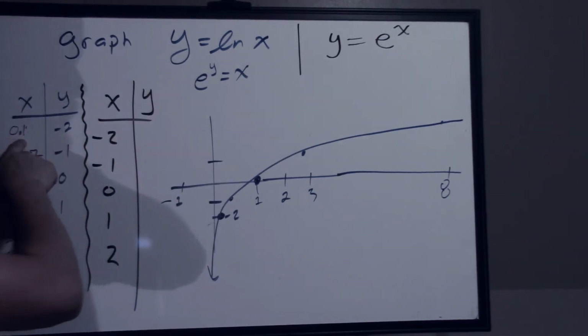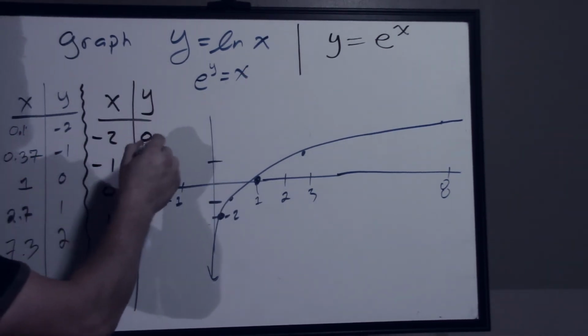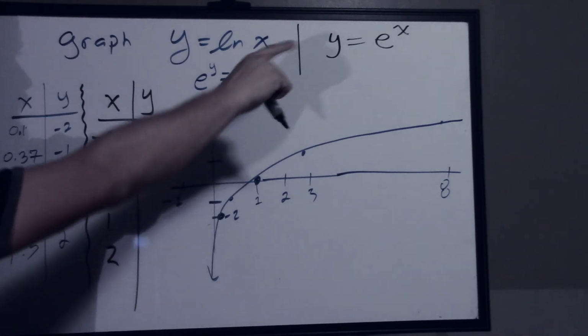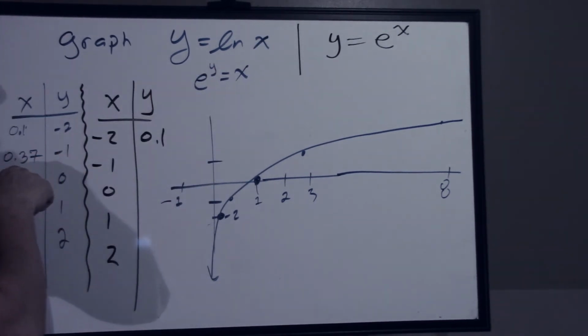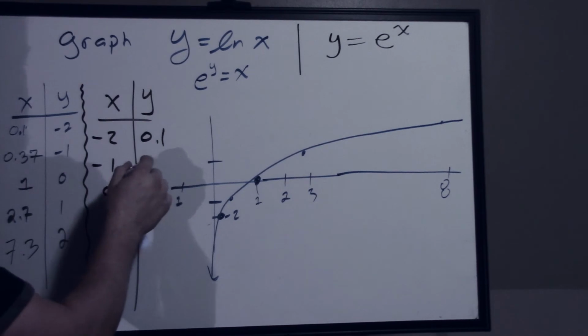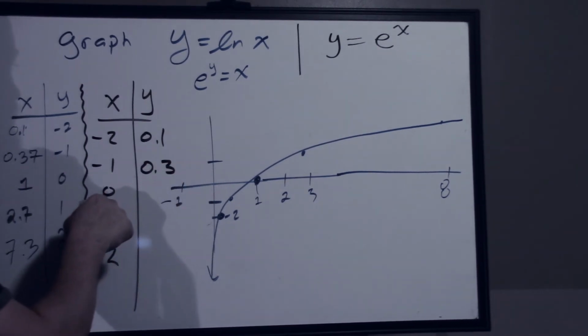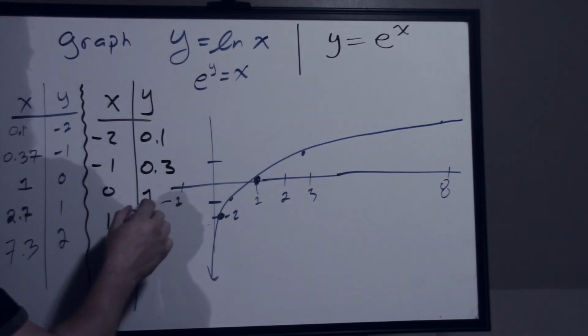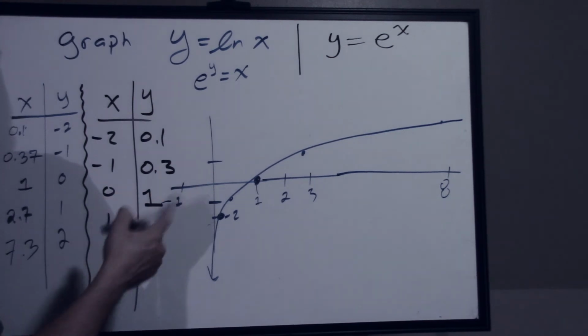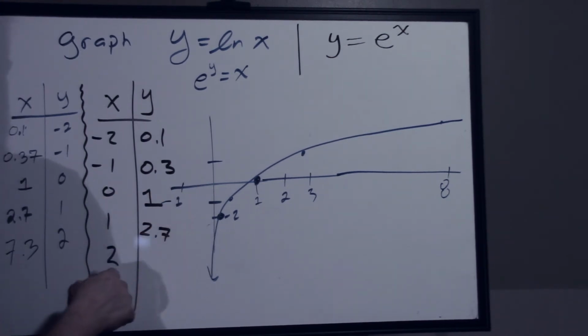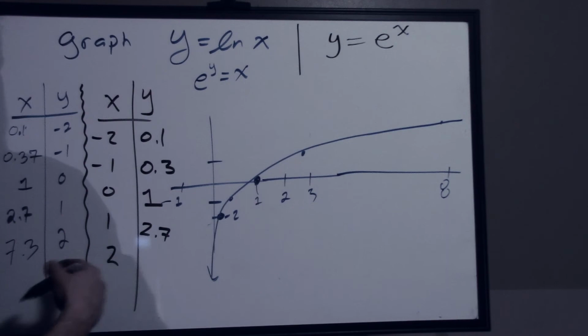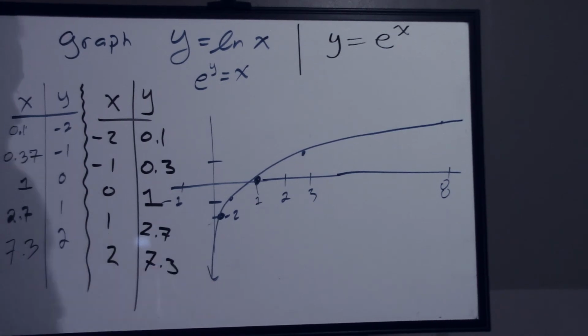That's this 0.1 that we just got. If x is -1, I have e to the -1. You'll notice that that's that 0.37 number. If x is 0, that's e to the 0, which is just 1. If x is 1, that's e to the 1, that's the 2.7. And if x is 2, that's e to the 2, that's 7.3.